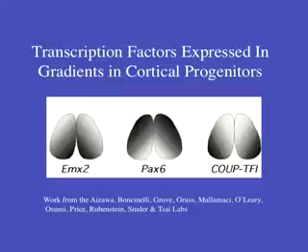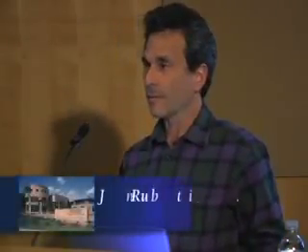COUP-TF1 is expressed like EMX2, high caudally and low rostrally, but opposite to EMX2, it's low dorsally and high ventrally. PAX6 is an additional variation on this theme. We think these gradients of expression are the fundamental ground plan for spatial information in the progenitor cells of the cortex that then generate the simple aspects of regional pattern and arealization of the cortex.